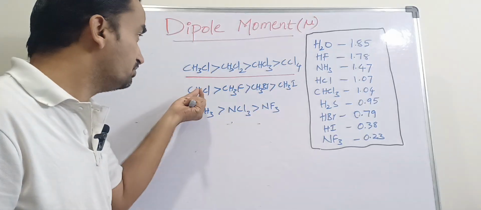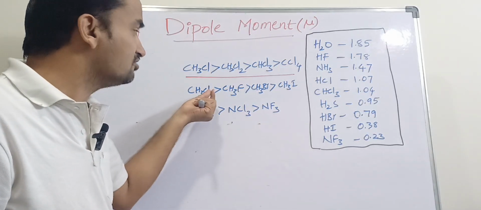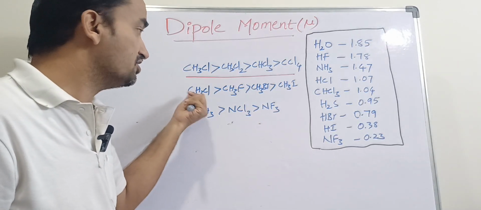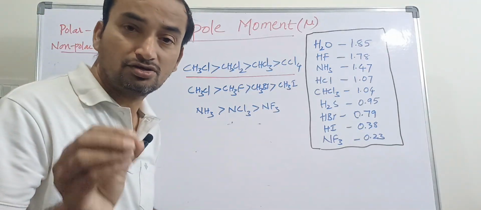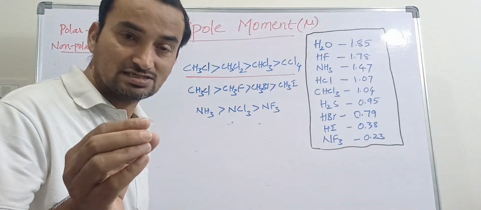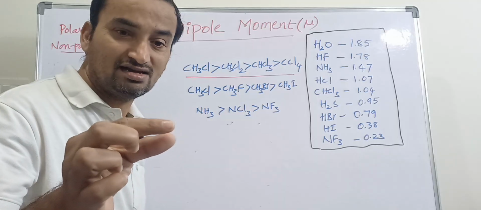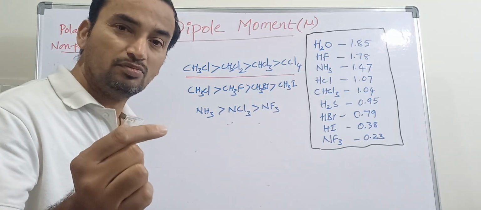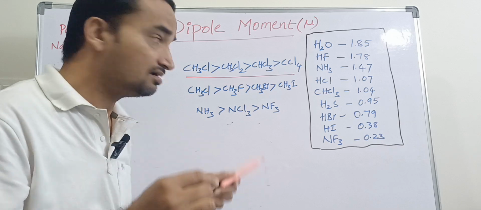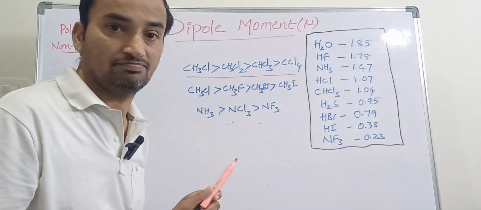Now among the halides, as I told you here, as electronegativity increases, dipole moment also increases. Now with the methyl compound, actually fluorine should be first, but because of the high electronegativity and also smaller size, its bond length is shorter. So its dipole moment is somewhat lesser than CH3Cl.